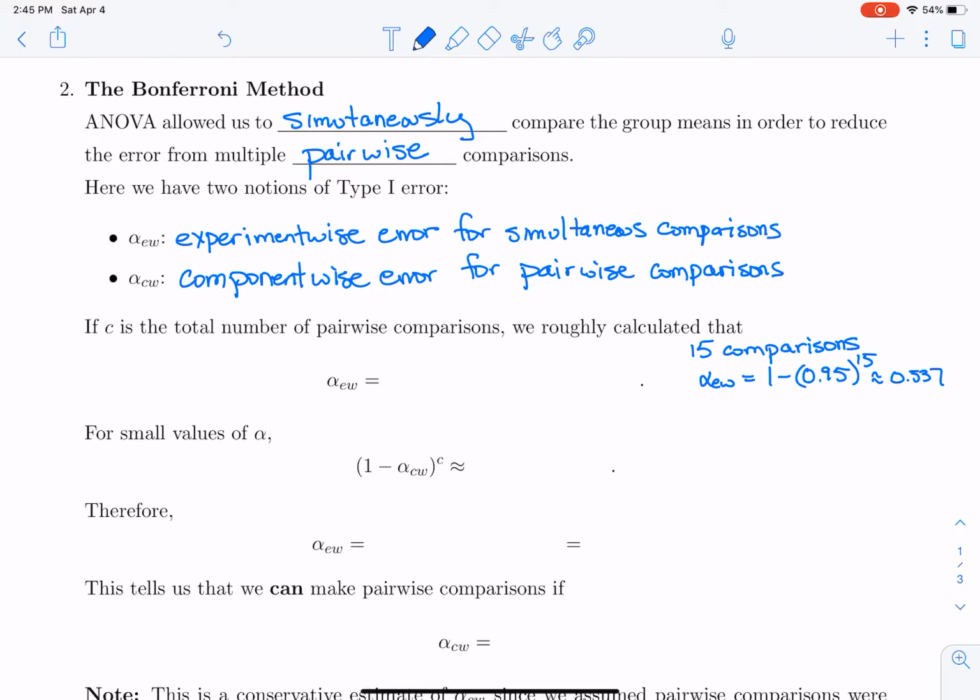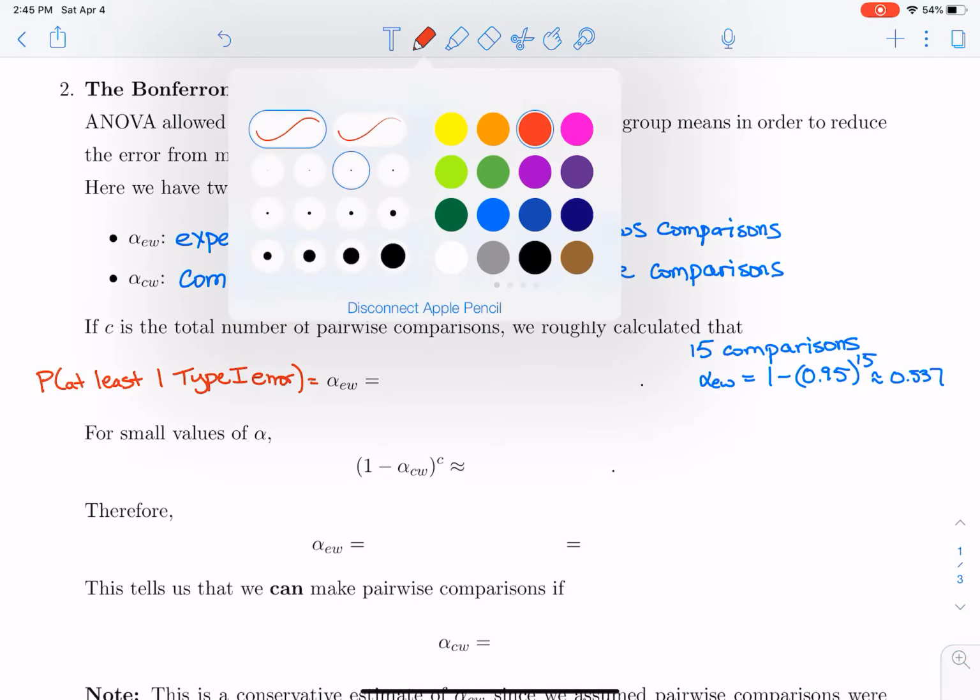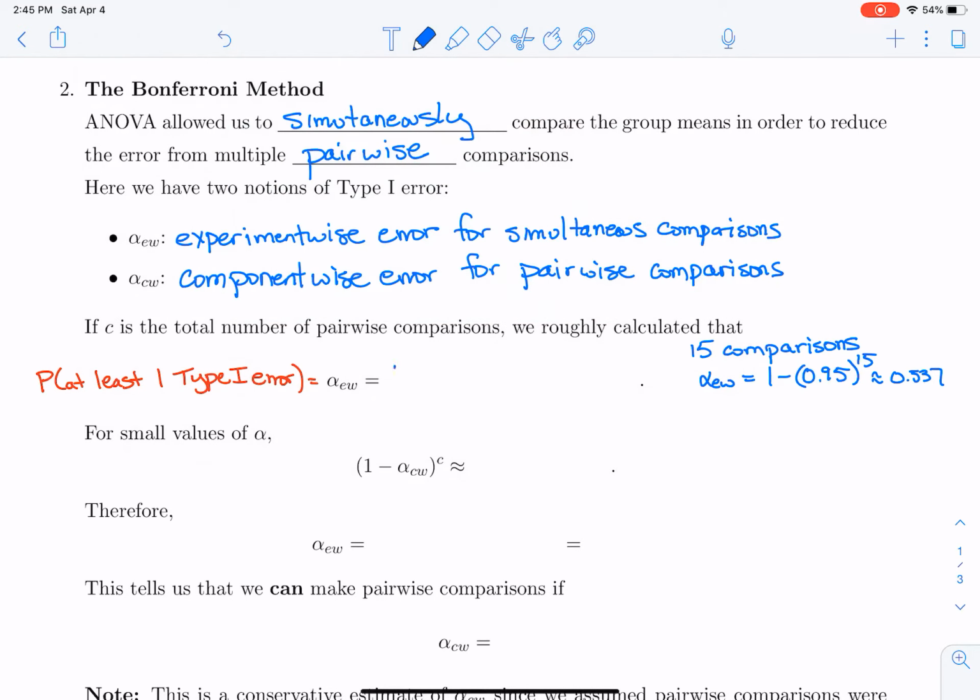Okay, so I want to find the experiment-wise error, which I'm going to write as the probability of at least one type 1 error. And we saw that that was equal to 1 minus the probability of making no type 1 errors. Now, the probability of making no type 1 errors was 1 minus the component-wise error.